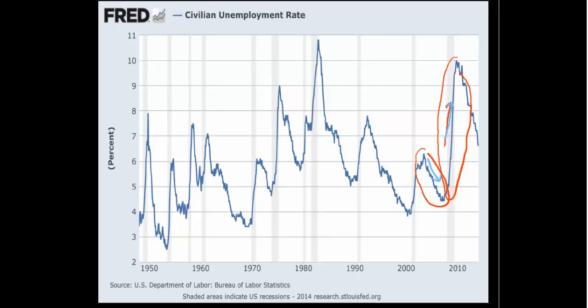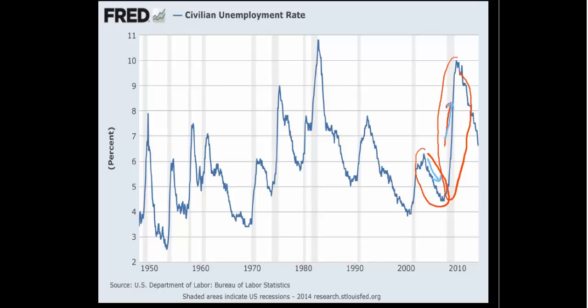So as the economy goes up and GDP increases, unemployment decreases. During the bad times, when there's a decrease in GDP, unemployment increases. That's why it's counter-cyclical, because it goes against the trend.